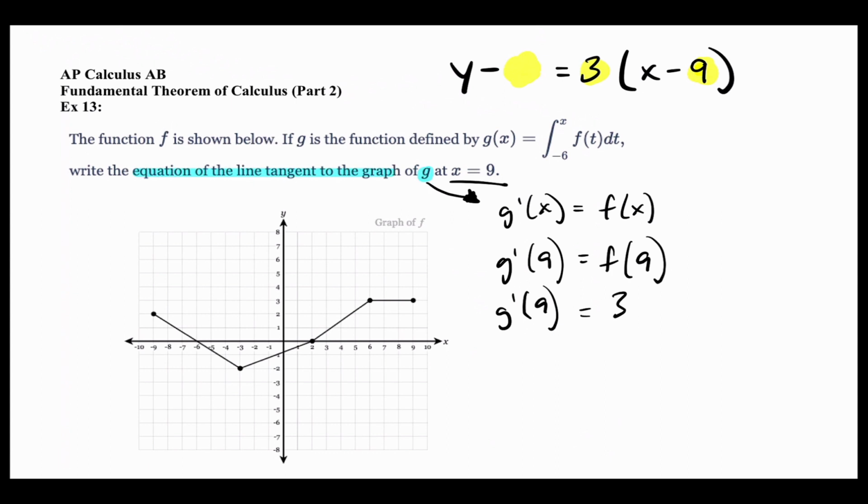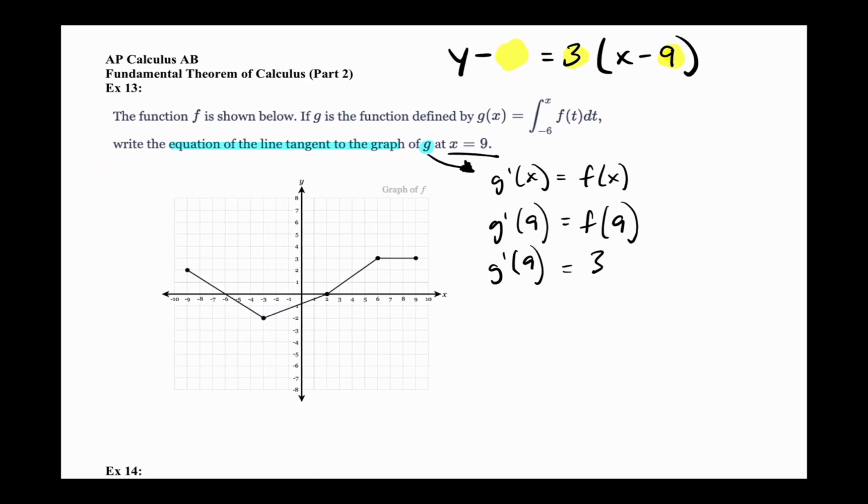Last thing is the y-coordinate. How do I get the y-coordinate? We've done this before, just not with an integral, but we've done it before. How do I get the y-coordinate for x equals 9? May I just go out on a limb here and say plug in 9 for x for g of x?